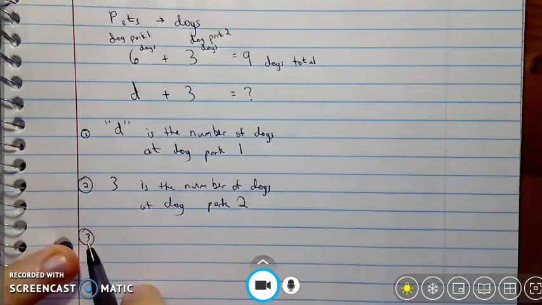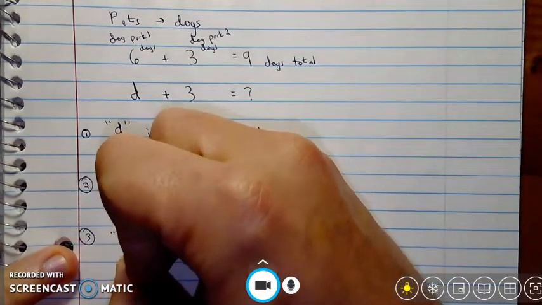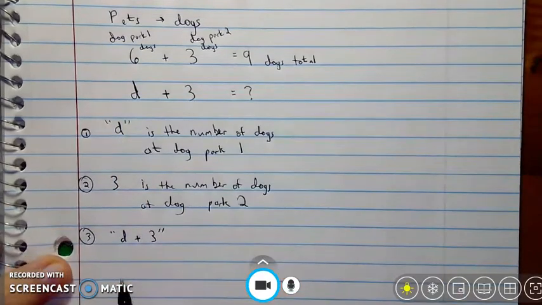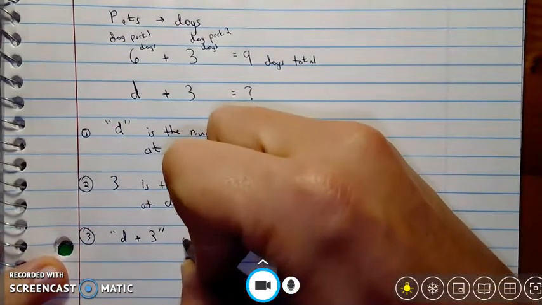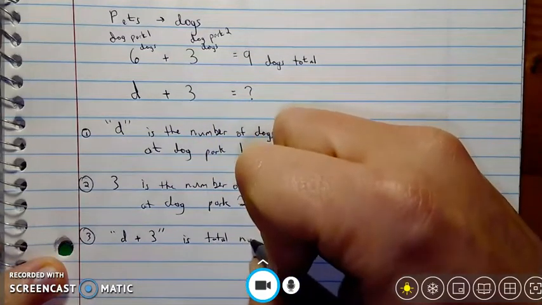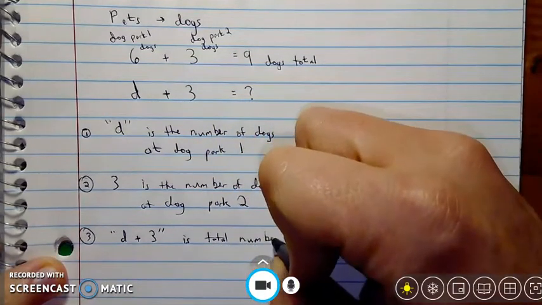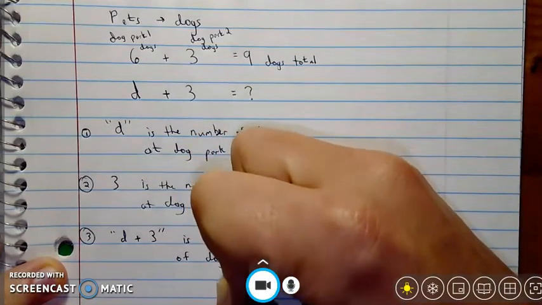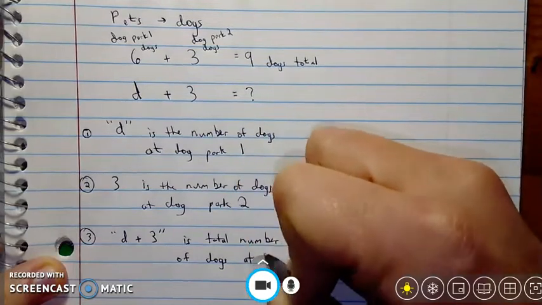The last thing that we should be able to interpret is, what does D plus 3 mean? So D plus 3 is the total number of dogs at both parks.